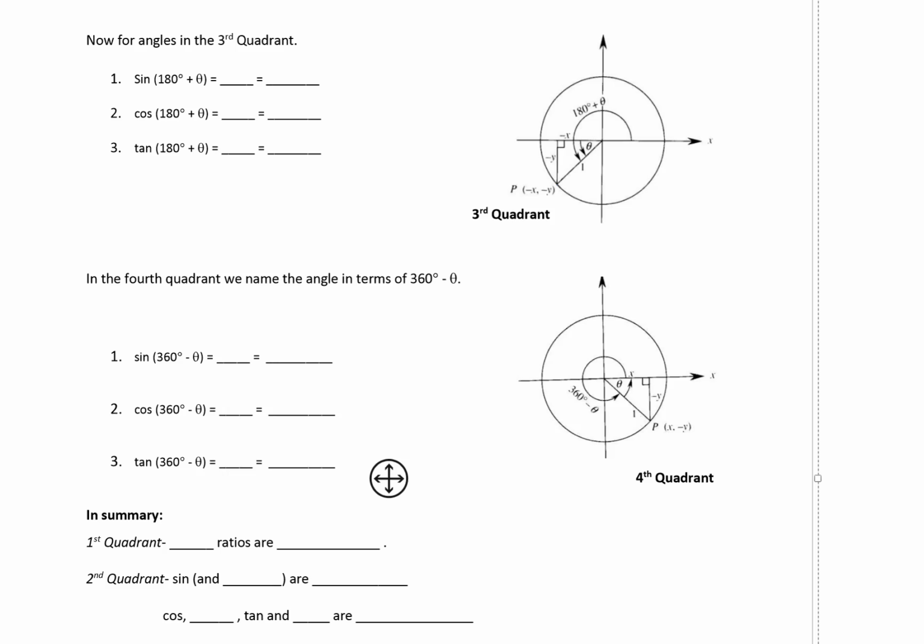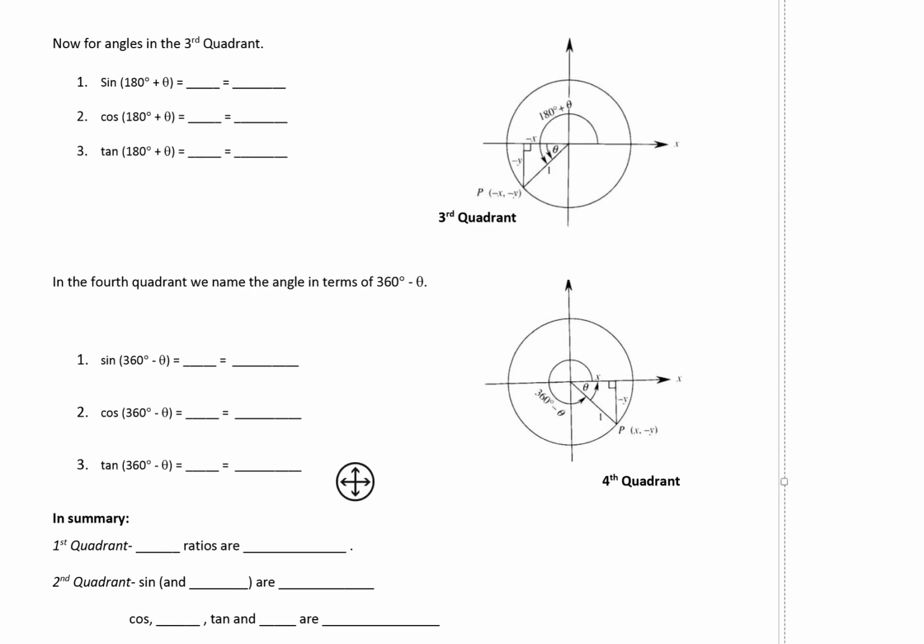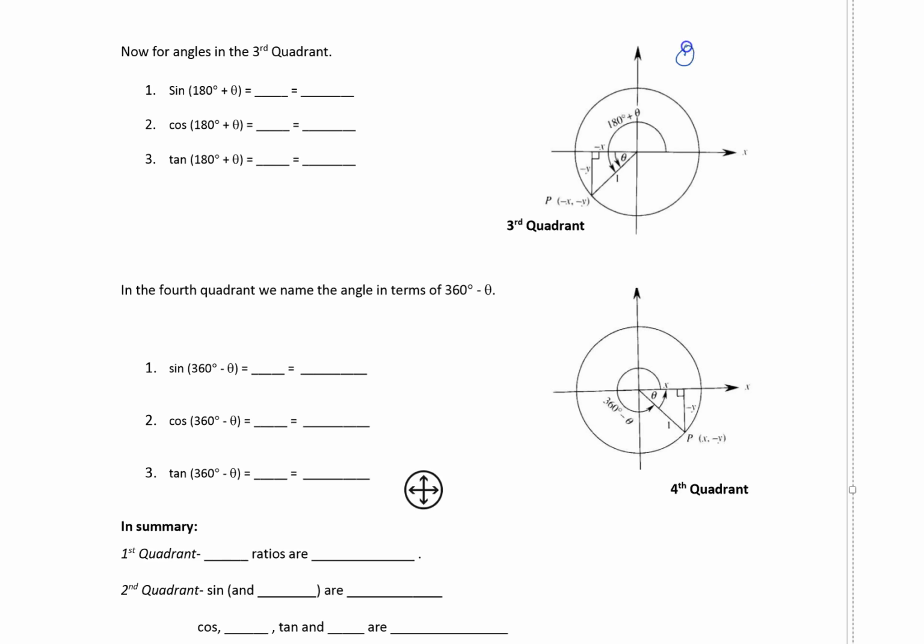And again, the way we name the angles in the quadrants is very important to observe. So remember back here, we just called the angle in the first quadrant theta. Here we were talking about 180 minus theta, and now in this quadrant we're going to talk about 180 plus theta.